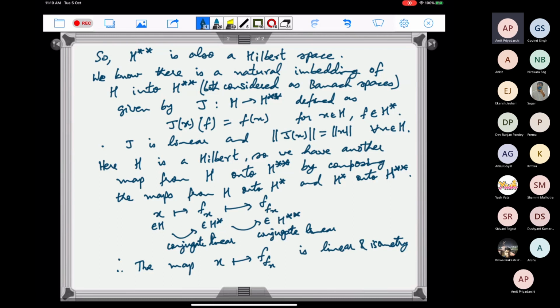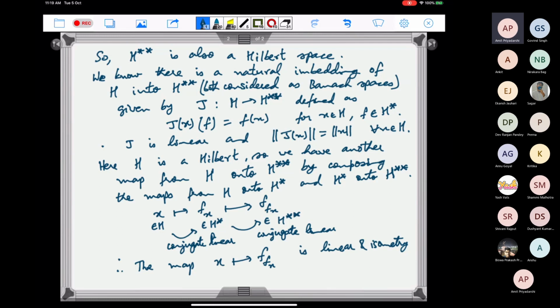So now what we see is that there are two different maps. One was this map J, which is from H into H double star, and another is this map x going to f sub x, which is also mapping H onto H double star. Both are linear, both are isometry. So in fact, what we see is that these two maps are the same.